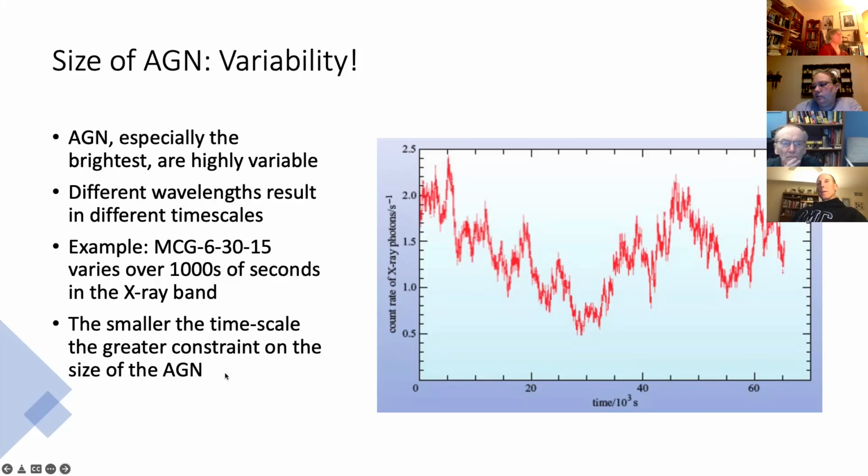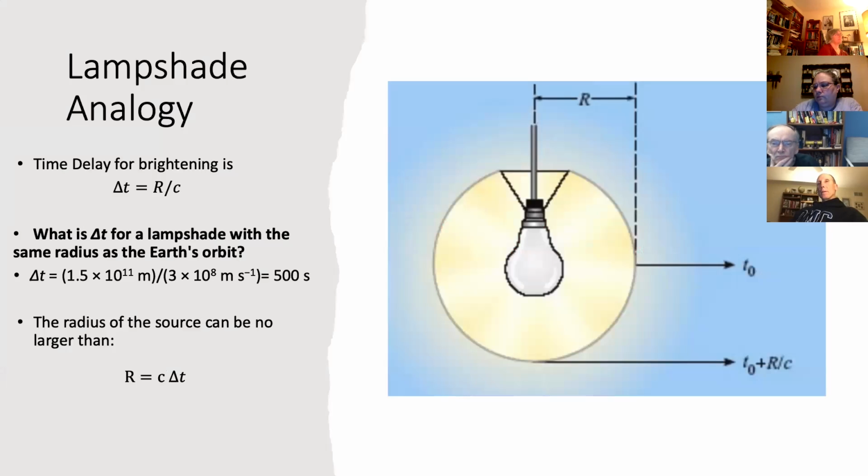Okay, so the smaller the time scale, or the more it varies basically over time, the greater you can constrain the size of an AGN or of any light emitting object. So how does this work? A good way to intuit this is with the lampshade analogy.